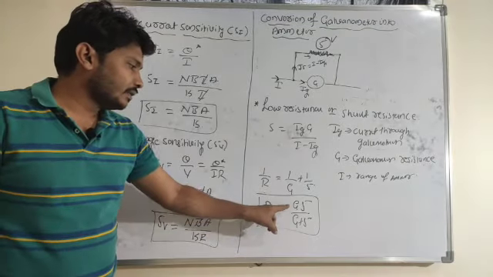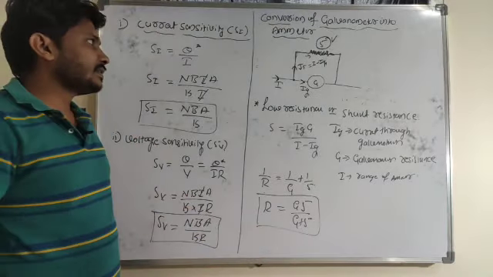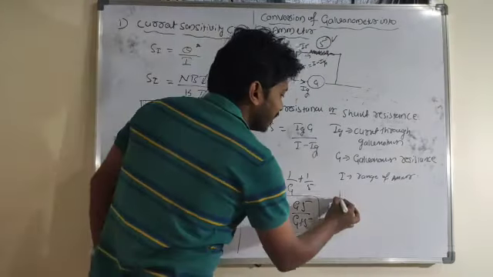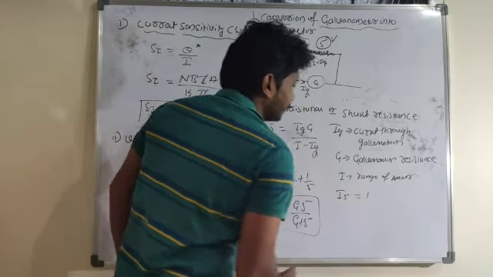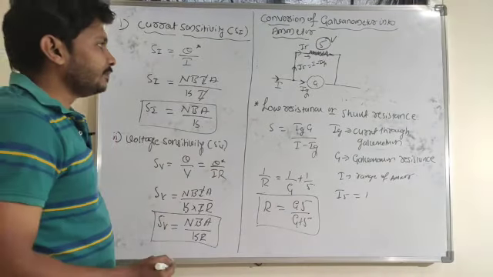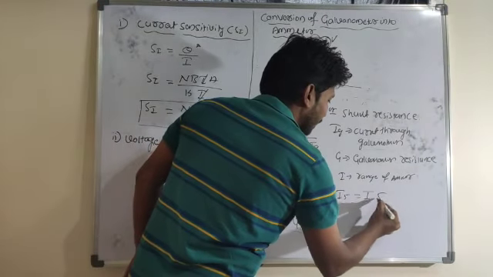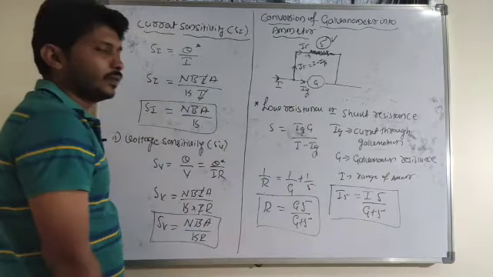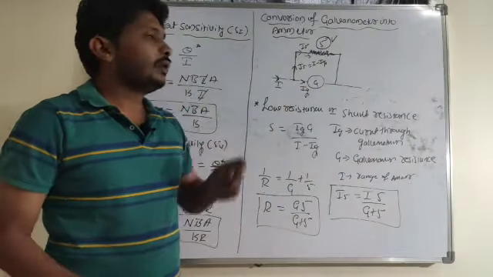R is equal to G into S divided by G plus S. What will be the current through this shunt resistance? I of S is equal to I into G divided by G plus S. So this is the required formula for the current through the low resistance wire.